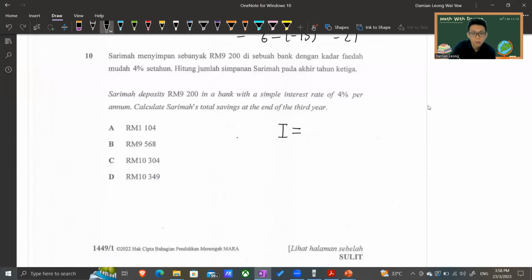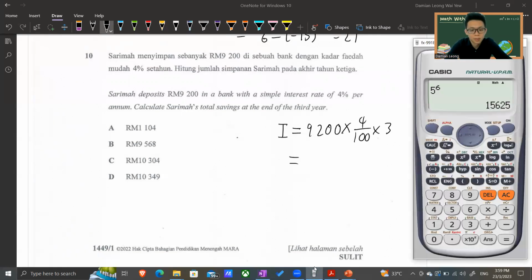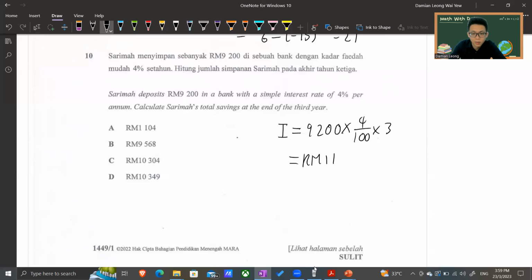Interest amount is the principal, how much you put in the first place, 9,200, times the interest rate. Interest rate is 4%. Percent means out of 100. Times time. Time must be in years. Okay, time is always in years. So third year means 3 years. So I calculate 9,200 times 4% times 3, which is 1,104.